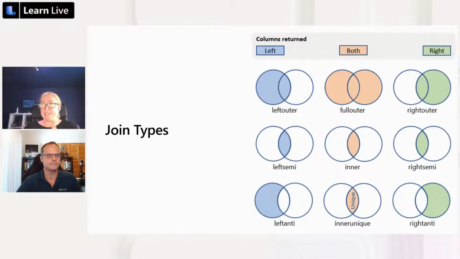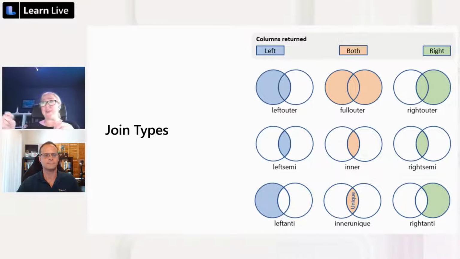We then have the ability to say we really want everything from the first query to be returned, but only where there are matches from the second table do we want things returned. That would be a left outer join. It returns everything from our first table, and where there are matches for the entries, it gives us results on both sides.